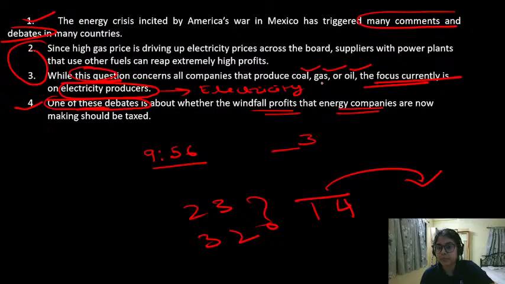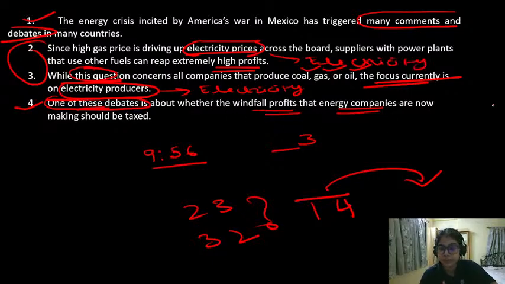And then statement 2 says, since high gas price is driving up electricity prices across the board, suppliers with power plants that use other fuels can reap extremely high profits. So this statement 2 is very exclusive to electricity. ठीक है, बात चालू हुई थी, बात किस पे चालू हुई थी कि क्या एनर्जी कंपनीज को टैक्स करना चाहिए, और कंक्लूड कैसे हुआ?